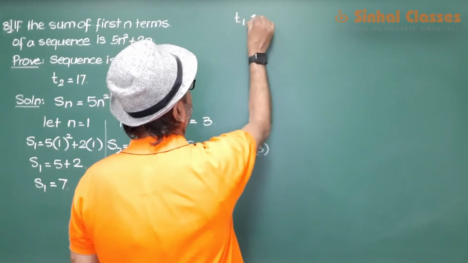Once you get the value of n, let us try to find out how much is Sn. Sn is n upon 2 into 2a plus n minus 1 into d.